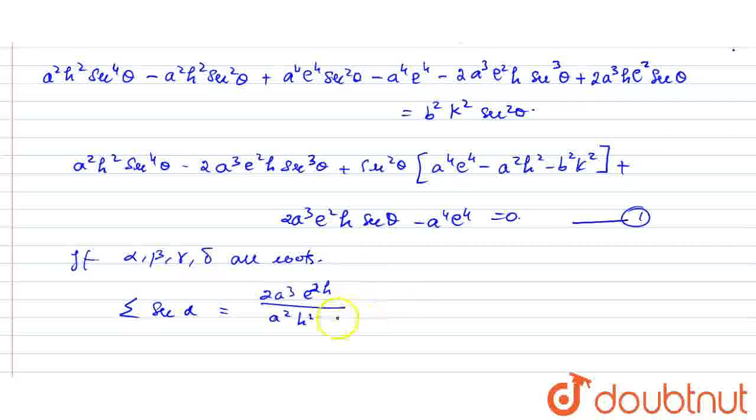Okay, students, so I'm going to cancel here. So a square, a cancel, h cancel, therefore the value is equal to 2a e square by h. So I'm going to take this as equation number 2 here.